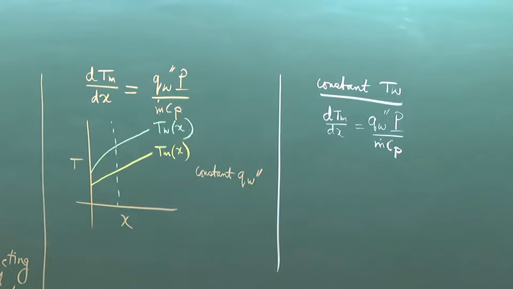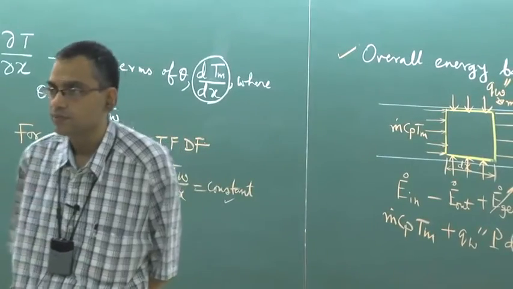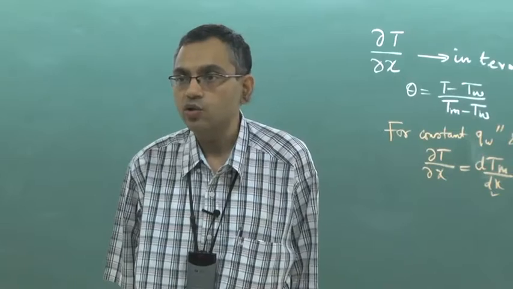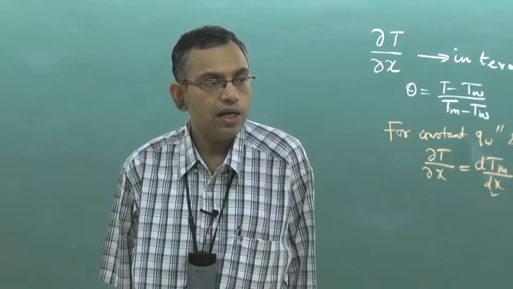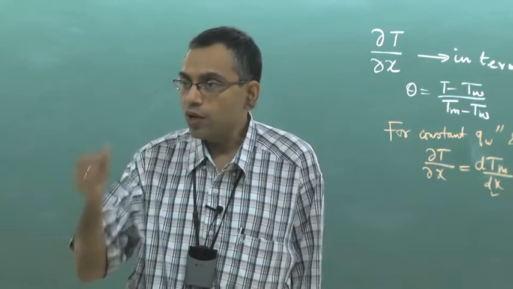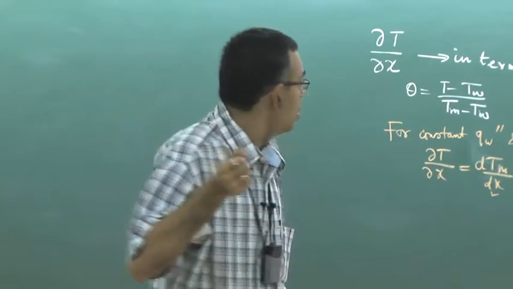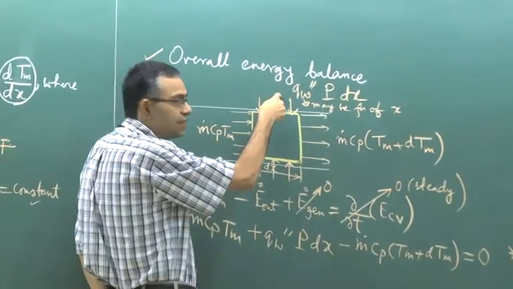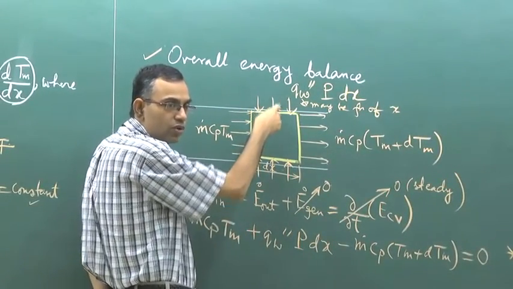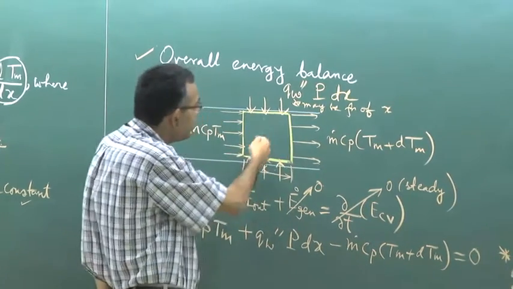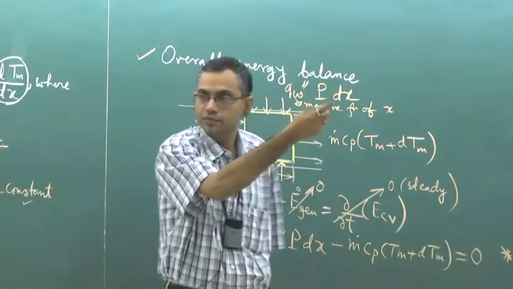How can you write q double prime in terms of the heat transfer coefficient h? q double prime equal to what? h into Tm minus Tw or Tw minus Tm. So when you are considering q double prime, look at this figure. Here the sign convention is the heat transfer is from the wall to the fluid, that means T wall minus Tm, right.